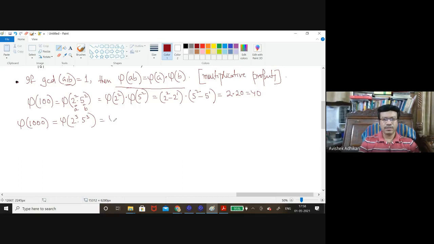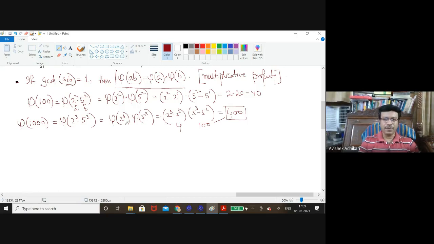And that is phi of 2 cube, phi of 5 cube, and that gives you 2 cube minus 2 square, 5 cube minus 5 square. Something like that. You check whether this value is 400 or not. So this is 8 minus 4, that means it becomes 4, and this is 100, so it's equal to 400. Very good. Now you can understand what is the power of this.